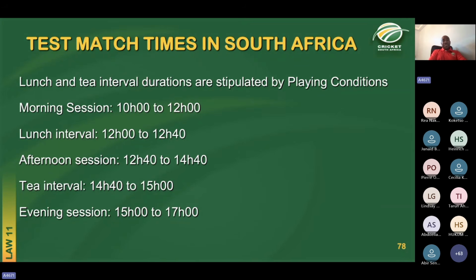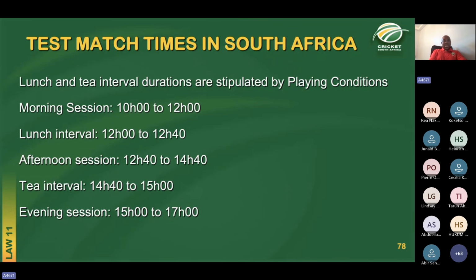until 5 p.m. The playing conditions for test match cricket stipulate that a minimum of 90 overs should be played in a day. If at 5 p.m. we haven't reached 90 overs, then an additional 30 minutes are played to try and get in as many of those 90 overs in the day.